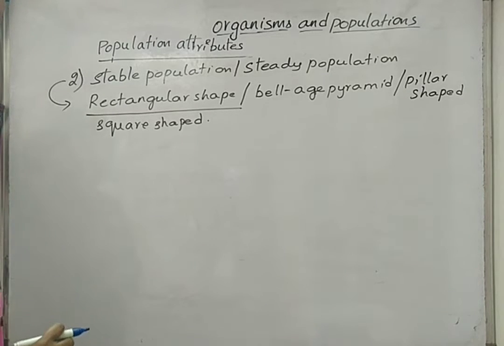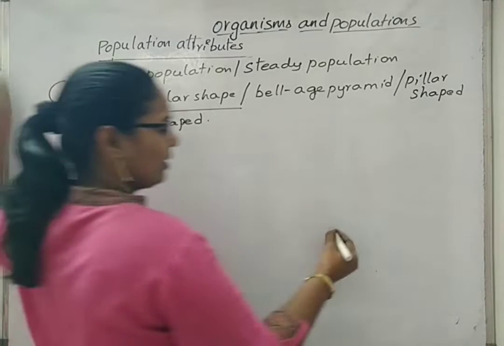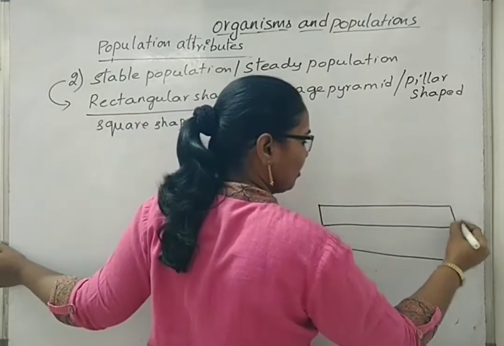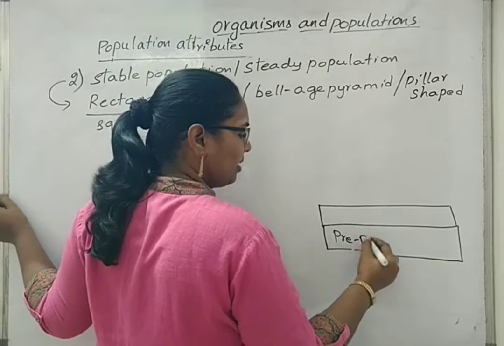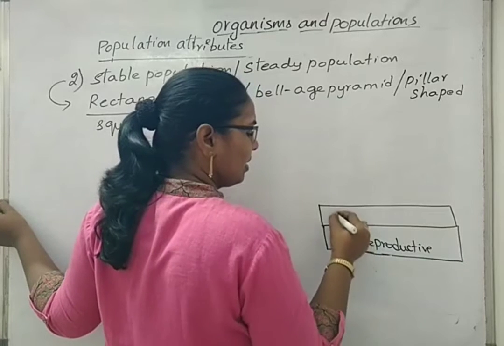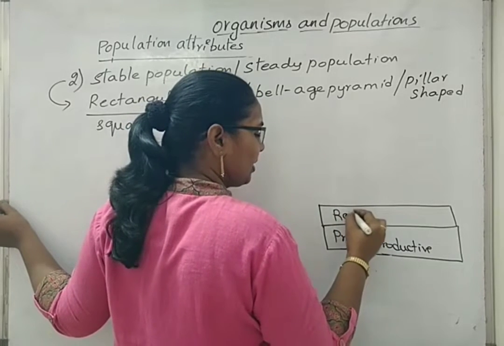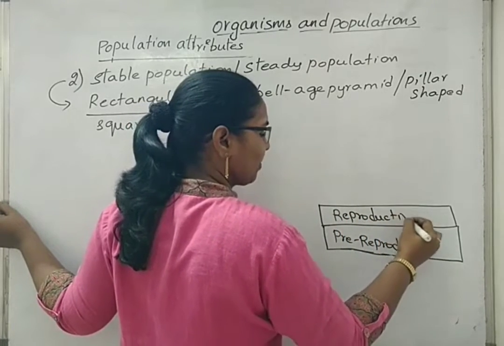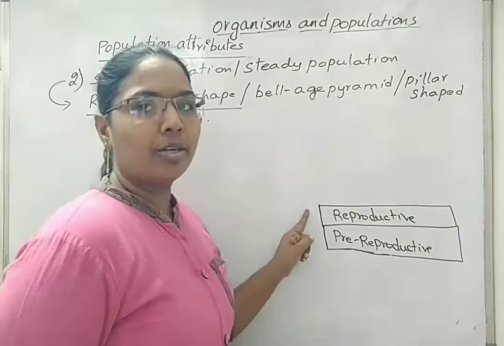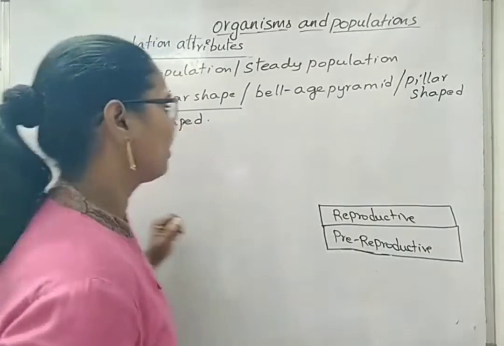Here, in some types of populations, we see an equal number of reproductive aged individuals and pre-reproductive aged individuals or young individuals. So, in such cases, the graph can be explained as, here if you write, these are pre-reproductive individuals and the next one as reproductive individuals. Here we can see the number of young ones and the number of reproductive aged individuals are the same.